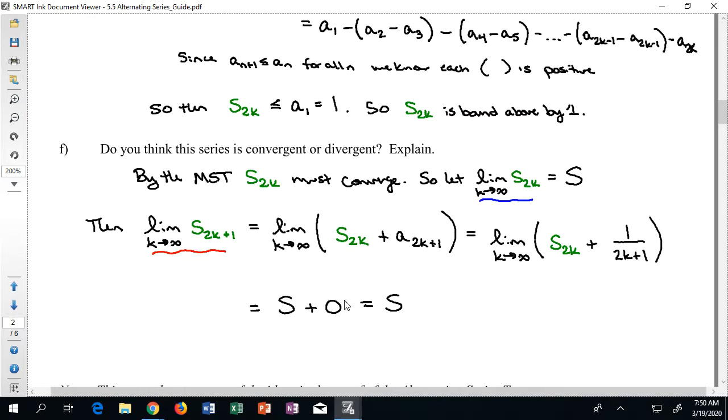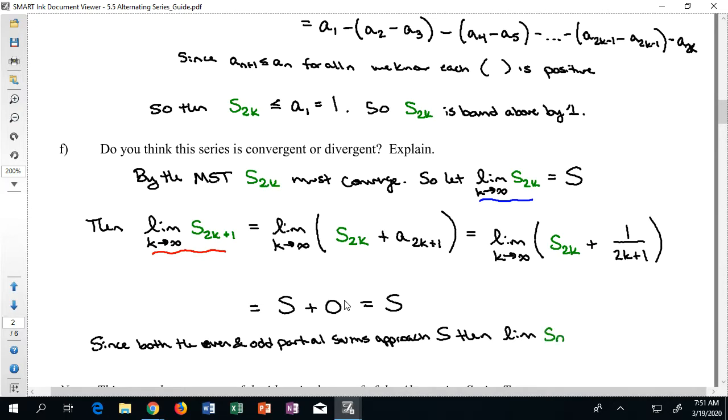And so I can then make the following conclusion. Since both the even and odd partial sums approach S, then we could say that the limit of just S sub n, for adding n things together, must also approach S. Both of these things are going towards the same spot, so it's all going towards the same spot.